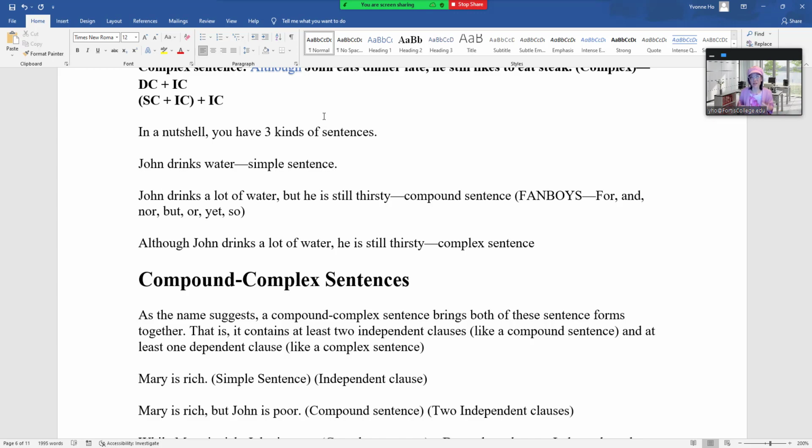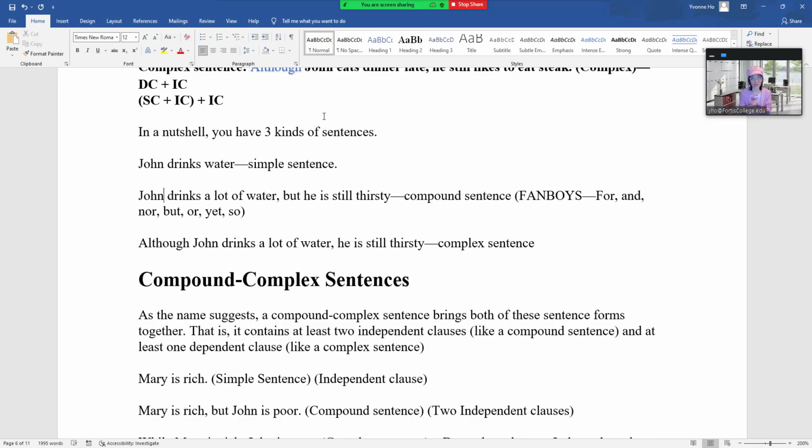In French, if you know how to write it in an elegant manner, there's an elegant way of putting all those relative clauses together. But we never do that in English, not even in an elegant way. Because if you put a lot of relative clauses together in English, it just sounds clunky. So in English, the longest sentence you can have is what I just said: John, who is fat, drinks a lot of water, but he is still thirsty.